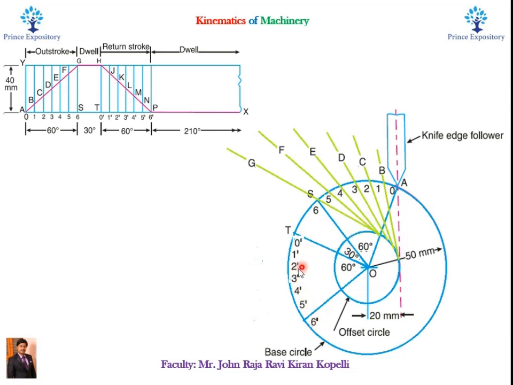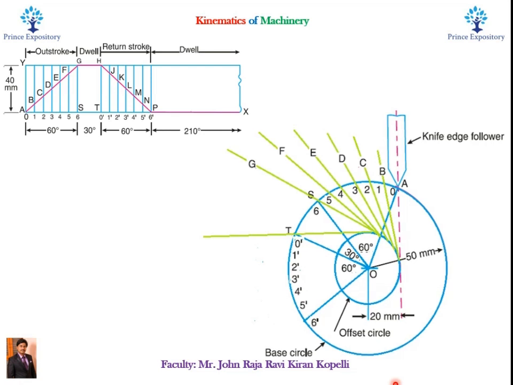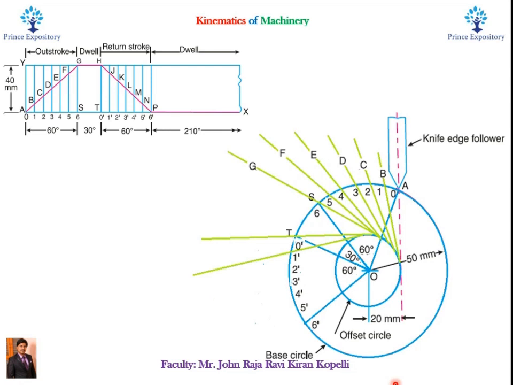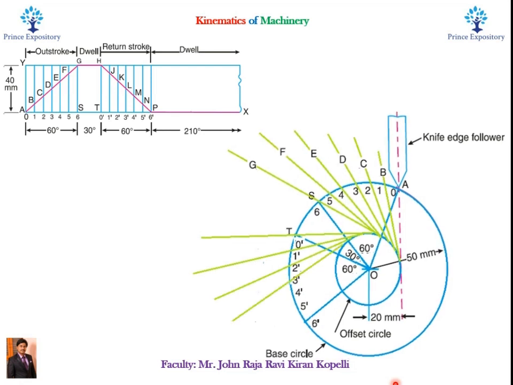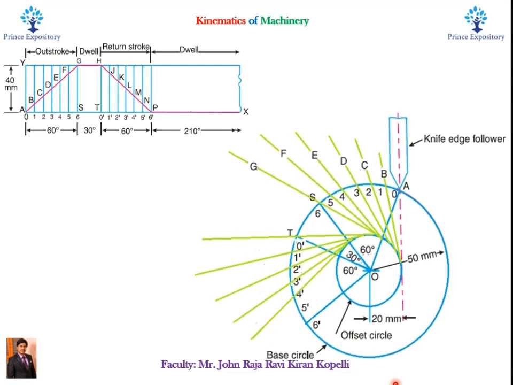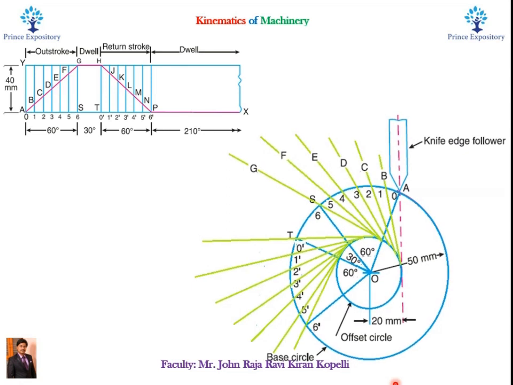That line should be tangent to the offset circle. Now you see lines are passing through all these points, but these lines are tangent to the offset circle.